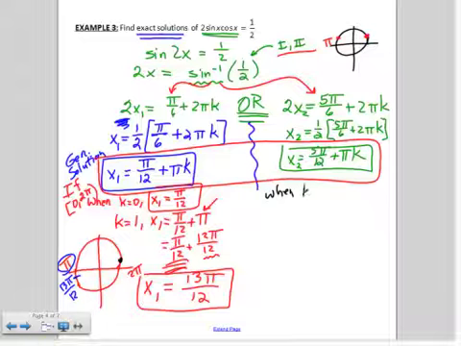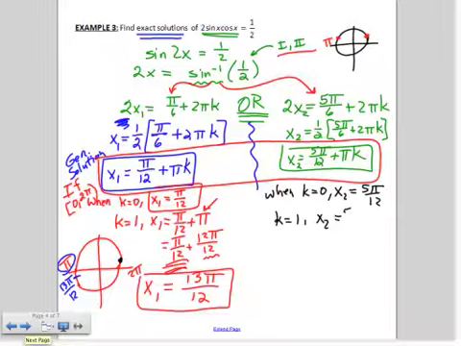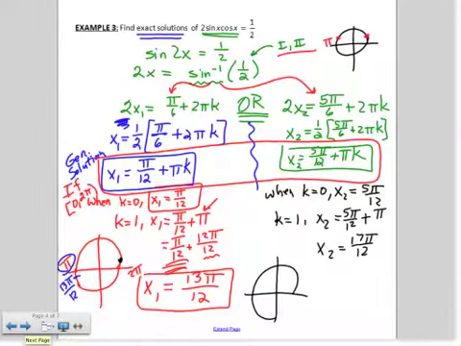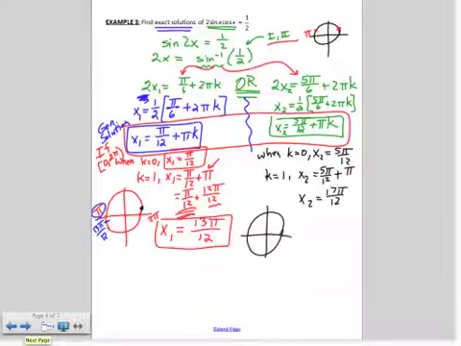When k equals 0, x2 would be 5 pi over 12. Good. When k equals 1, x2 would be 5 pi over 12 plus pi, which is 12 pi over 12, so x2 would be 17 pi over 12. But I don't really know where that is, so now I'm going to think about this circle real quick, because here's how you think about this a little bit more deeply.